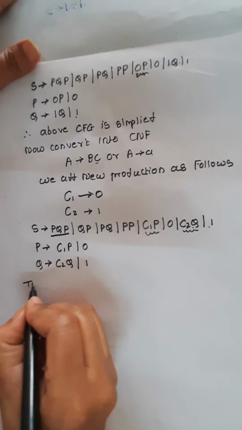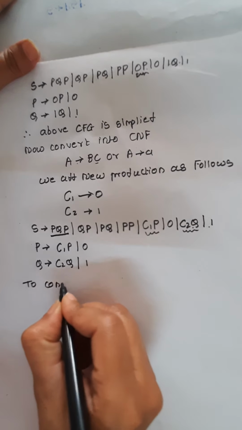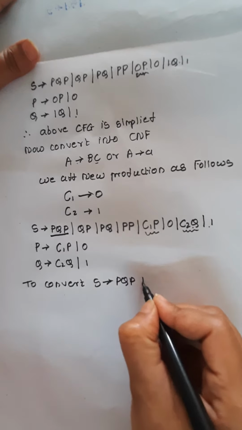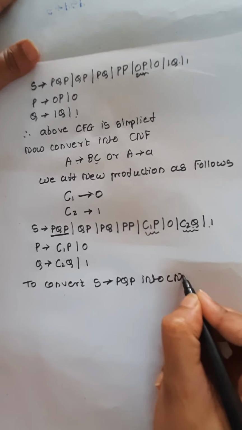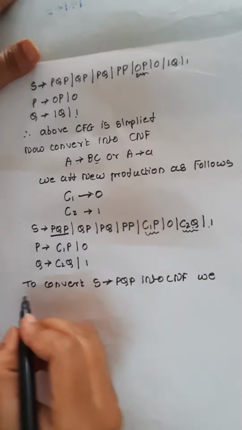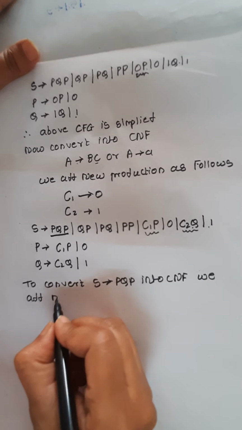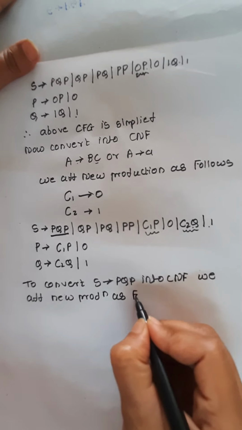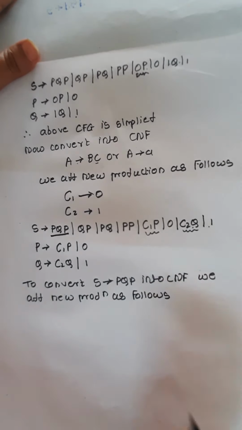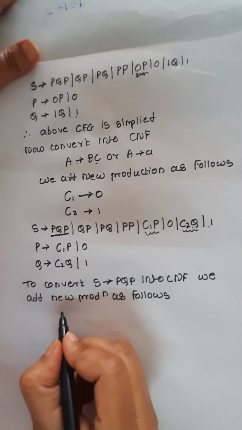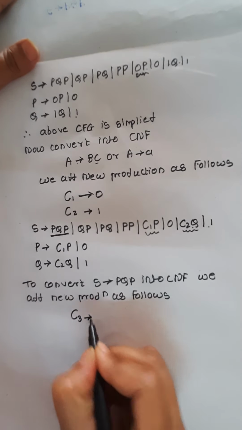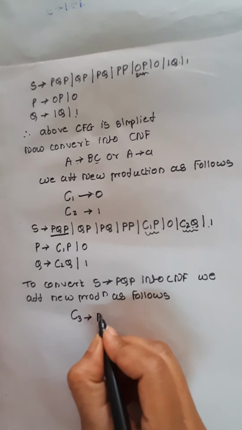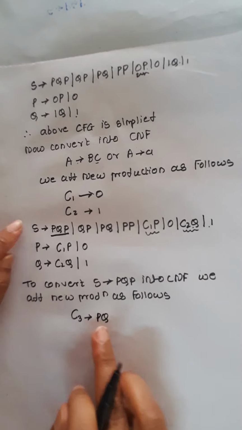So, to convert S gives PQP into CNF, we add a new production as follows. I take the newly introduced variable C3 which generates either PQ or QP, no problem. I am taking PQ here.